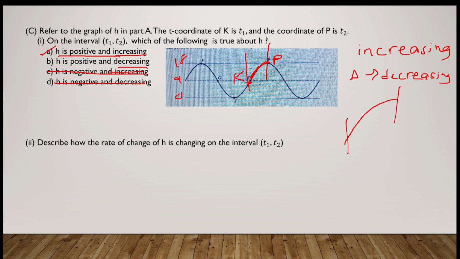And in the second part, describe how the rate of change of H is changing on the interval. Now, do not be in a hurry. If you look at how H is changing on the interval T1, T2, and you say, hey, I just wrote that, H is positive and increasing.